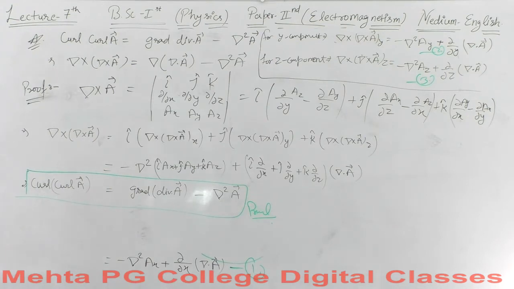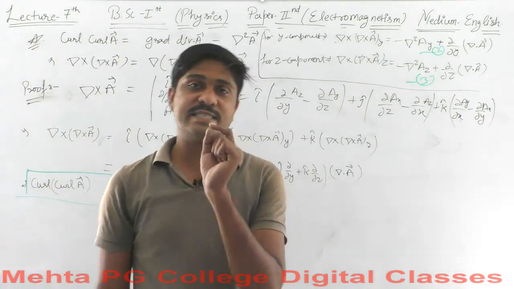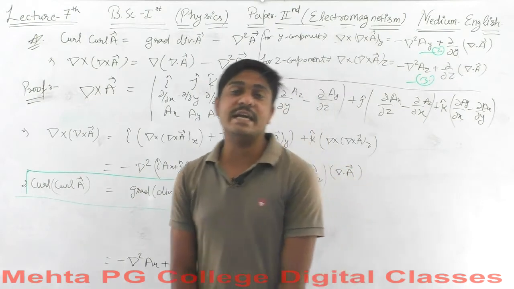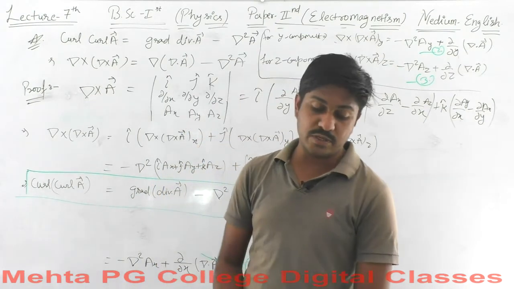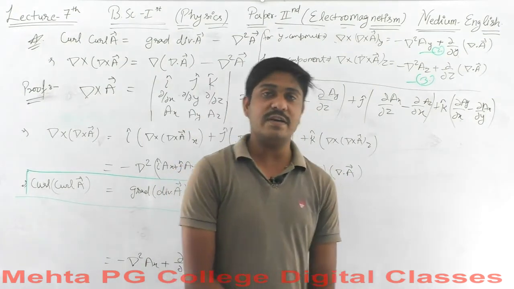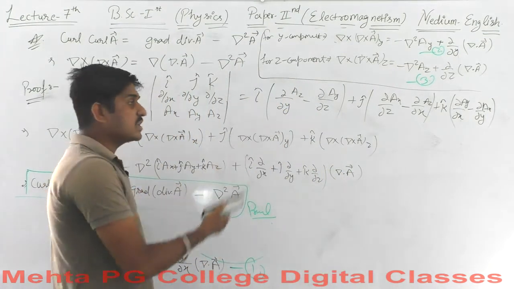Okay, hope you have done with your screenshot. We have only a single vector identity remaining. Let's discuss it. It will take only 5 to 10 minutes, not much more than that. So let's begin with the remaining vector identity. Let's clear this off.